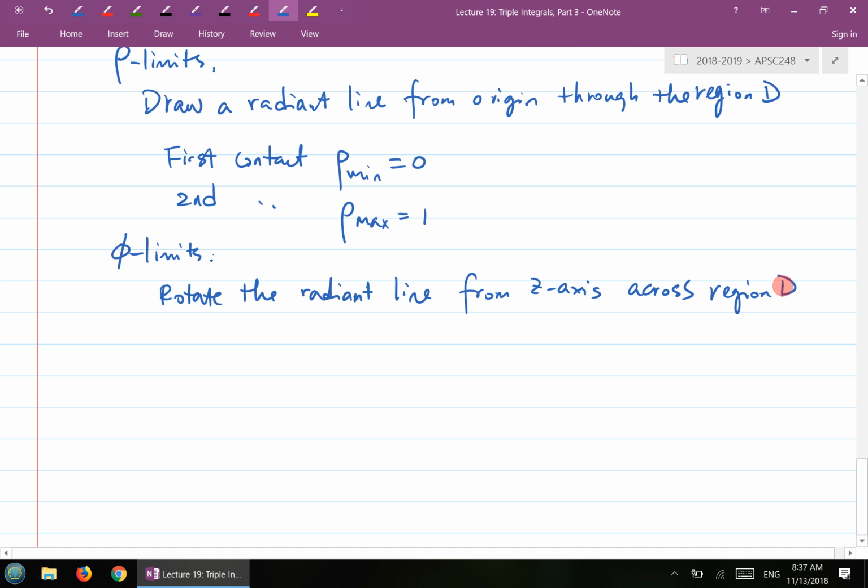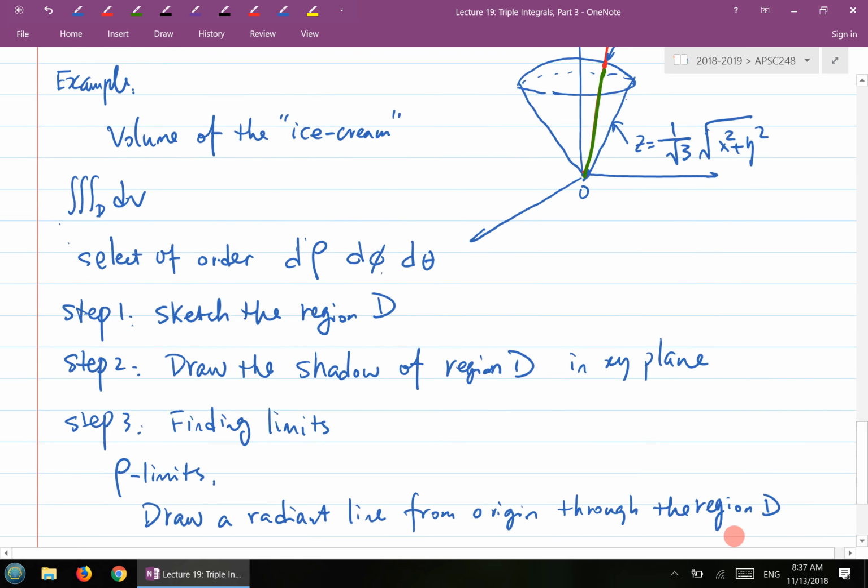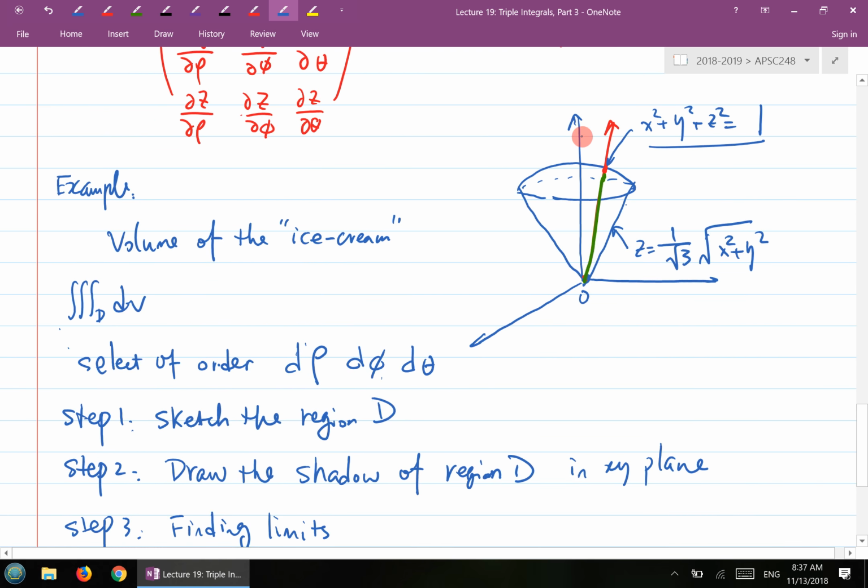And find where the edge is, as a boundary of this region D here. Apparently, if you do the scanning, the starting point is here, and then when you scan through, the end point is always right on the edge of this cone right here.